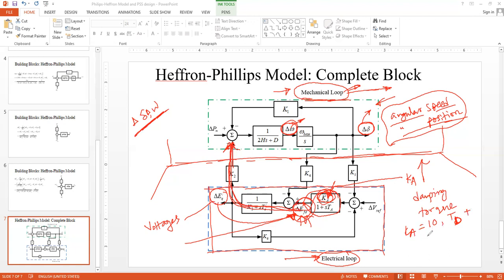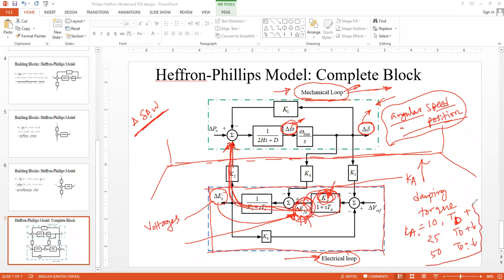When we made it 25, TD was still positive but reduced. When we made it 50, TD became negative. So if you increase Ka, the damping effect provided by the del EFD block gets negative.